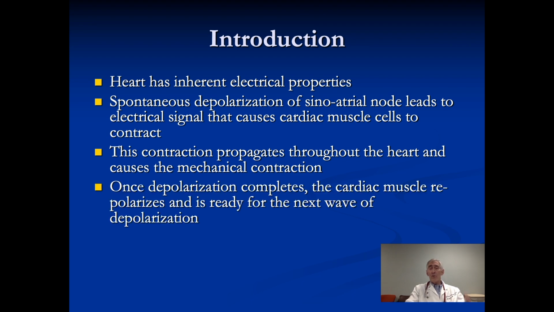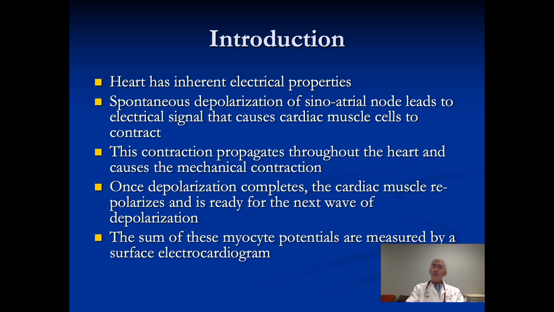Once depolarization completes, the cardiac muscle repolarizes and is ready for the next wave of depolarization. The sum of these myocyte potentials are measured on the surface electrocardiogram that allows us to look at the rate and various depolarization and repolarization patterns that may suggest either illnesses or abnormalities in the cardiac system.